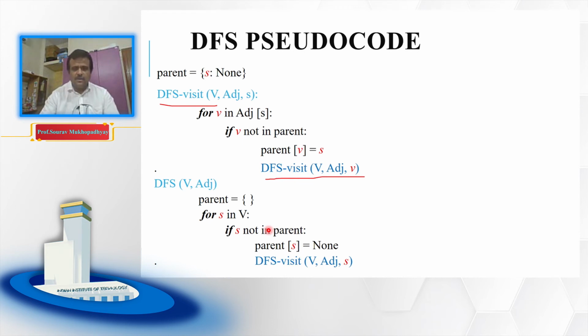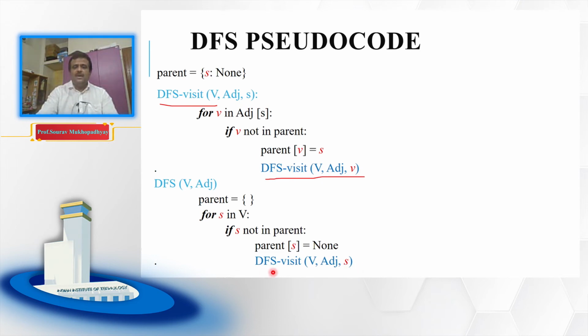So, if S is not explored, that means S is not in the parent set, then we set the parent of S to null, which we are doing here, and then we call the DFS visit on S. This will explore all the vertices which are reachable from S, following the same idea.